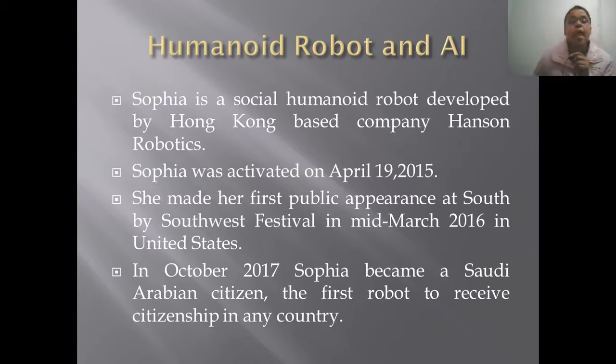Sophia was activated on April 19, 2015, and she made her first public appearance at the South by Southwest Festival in mid-March 2016 in the United States. In October 2017, Sophia became a Saudi Arabian citizen, the first robot to receive citizenship in any country.